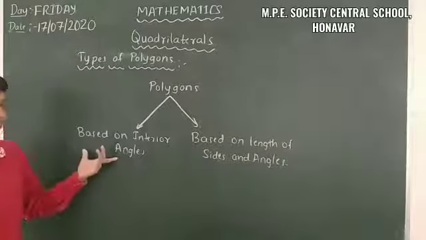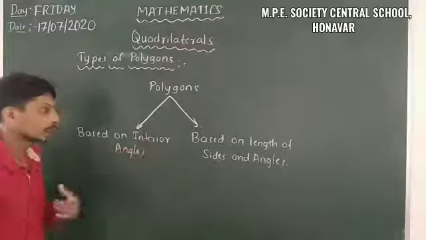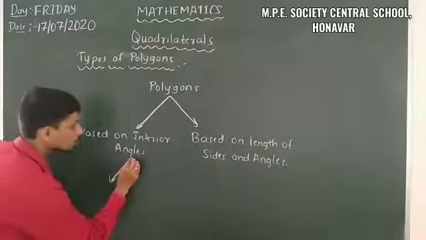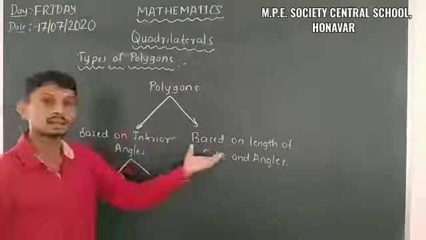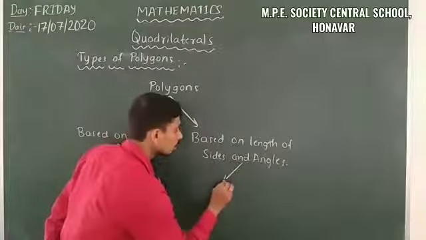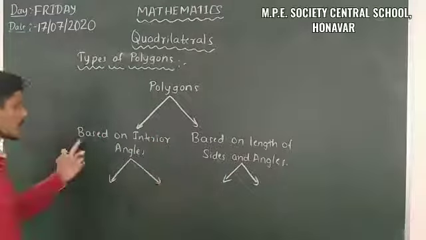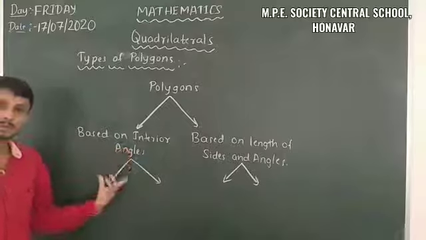So based on interior angles, there are two types of polygons, and again based on the length of the sides and angles, two categories of polygons.